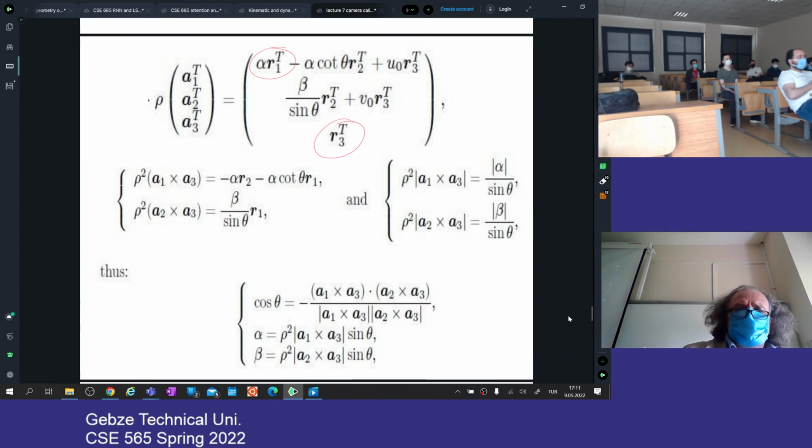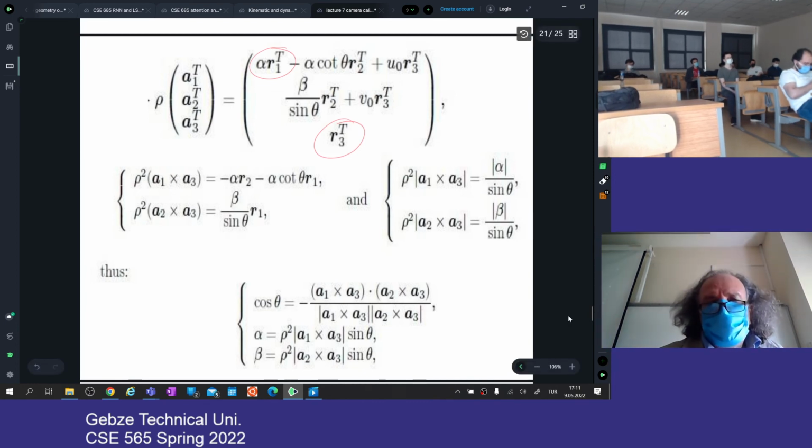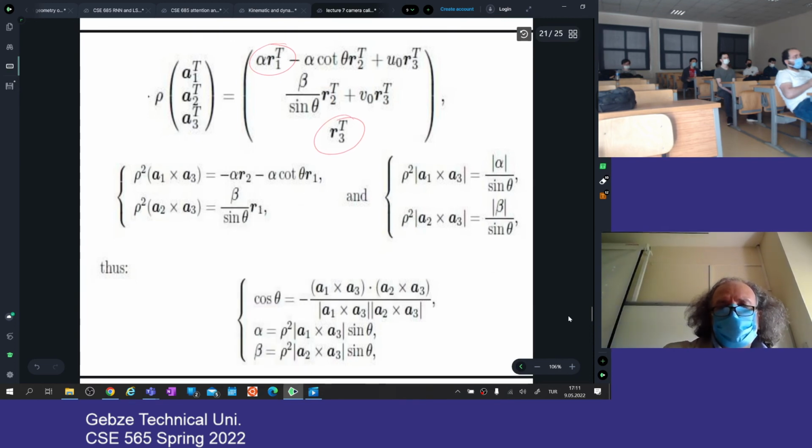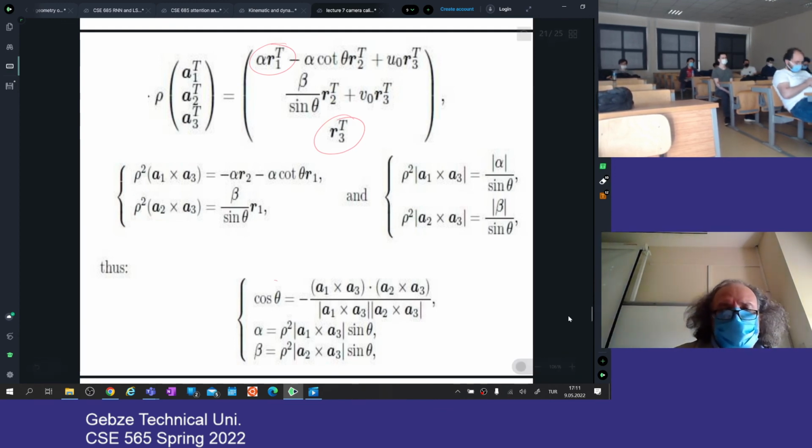Let's get this one. Take this value, multiply it with this value, R1s will go away, divide them with these, and all you are going to end up with is this cosine of theta. I know it will be this.